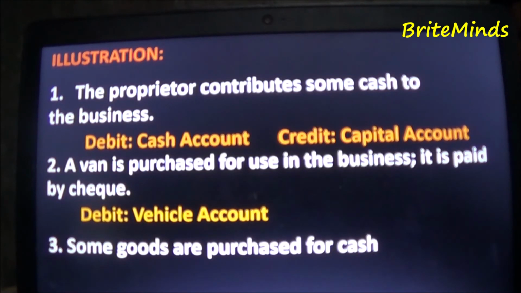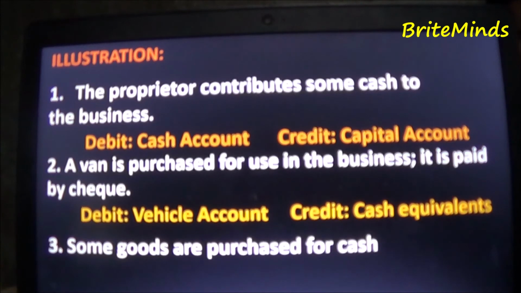And then the account that will be credited will be the cash account or cash equivalents, because it was used in purchasing the van.